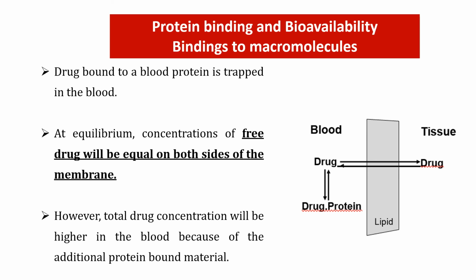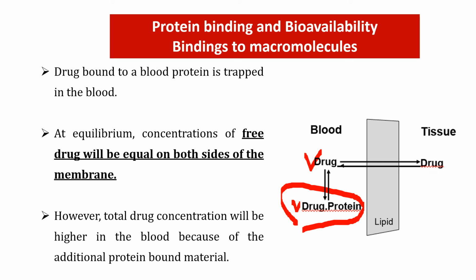But the point to remember is the contribution of the drug in plasma. Suppose this is the drug and this is bound to the protein. This bound component cannot move through the cell membrane, but the other part, the free drug, can move from the blood to the tissue.